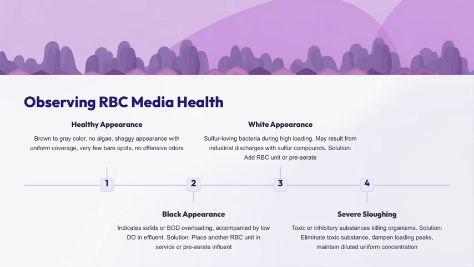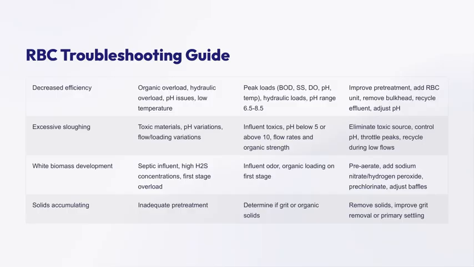Let's now discuss some common issues you might encounter with RBCs and how to troubleshoot them effectively. First up is decreased efficiency. This can often be caused by organic overload, hydraulic overload, pH problems, or low temperatures. To address this, you might consider improving pretreatment, adding an additional RBC unit, removing any bulkheads, recycling effluent, or adjusting the pH to optimal levels.